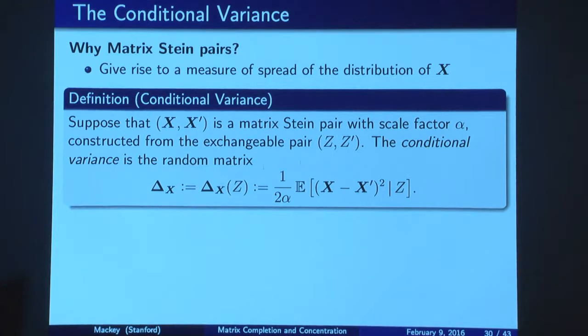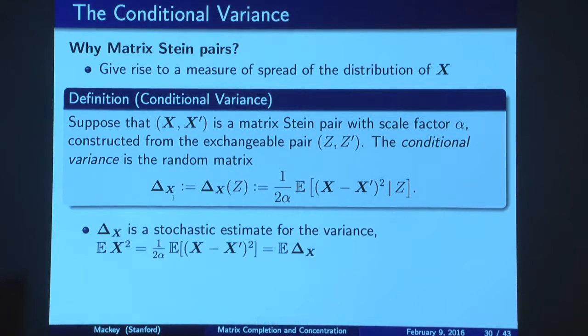It's rescaled by this factor. That's not that essential. We'll call that delta X. Why is that interesting? Well, delta X, you can view that as a stochastic estimate for the variance of X. Because of that method of exchangeable pairs lemma, the expectation of X squared is the expectation of delta X. So this gives you a stochastic estimate for how variable X is.